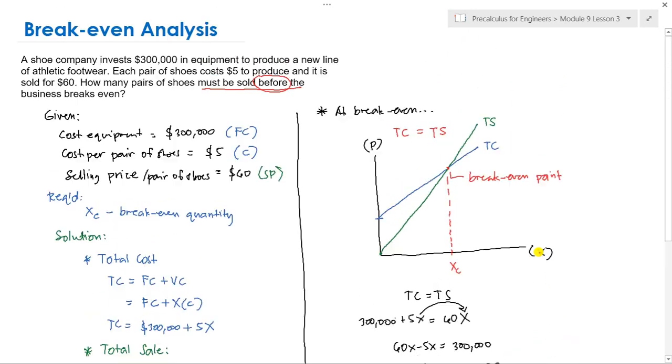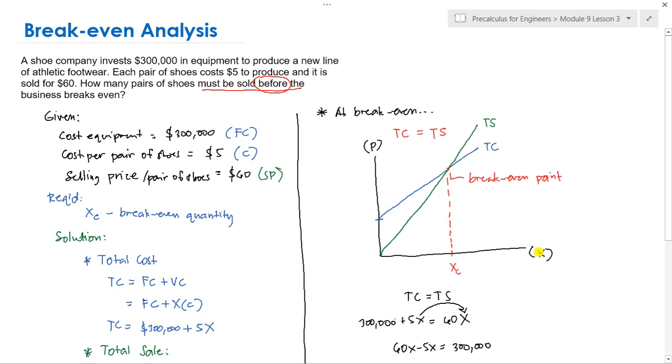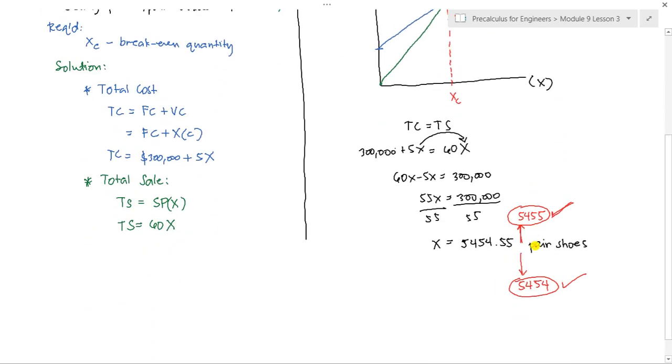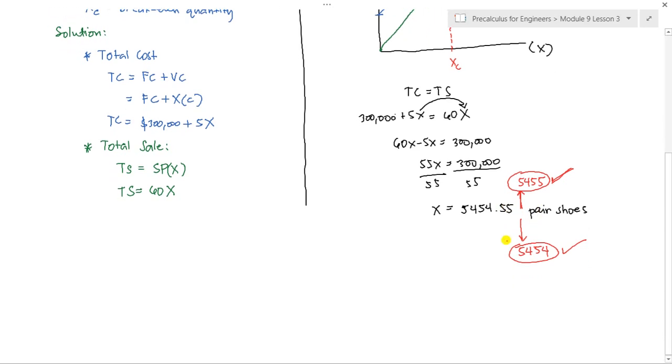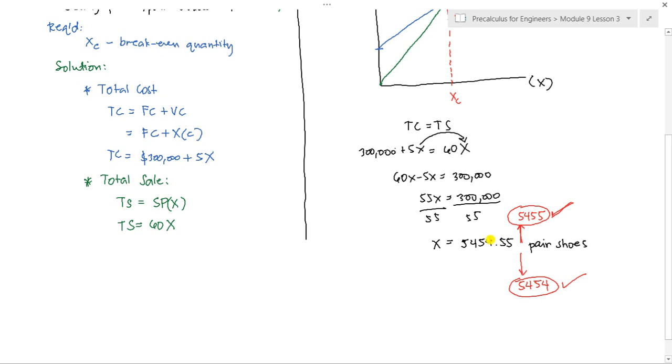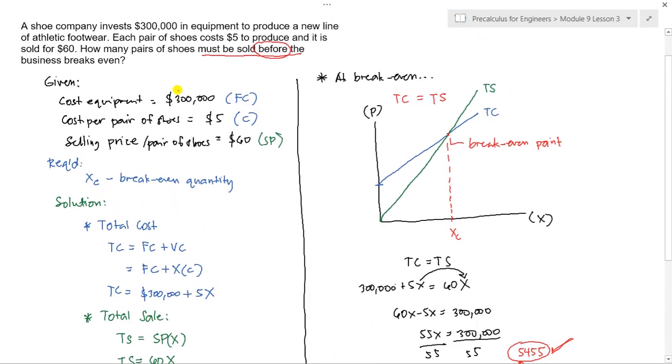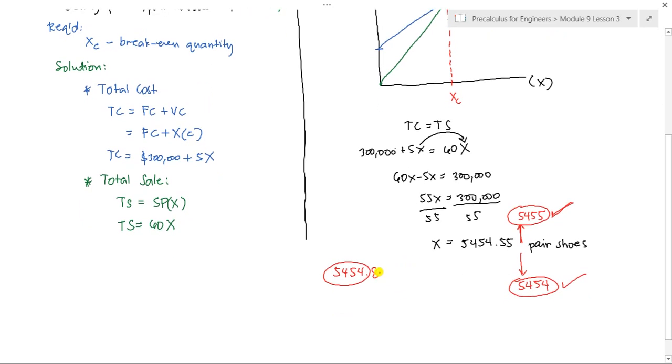Okay, so in answering this, if it says how many pairs of shoes must be sold in order to break even, with no before or after, the safest is to round up. Some of the others in our last session just rounded down. Let's say you have 5,454.8, and they made it 5,454, which means it has not yet broken even. The problem is looking for the quantity to break even. So you should round up, since there is no such thing as a point something item. The quantity is a whole, natural number, a counting number.